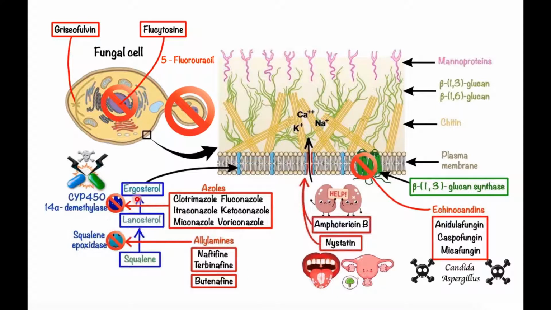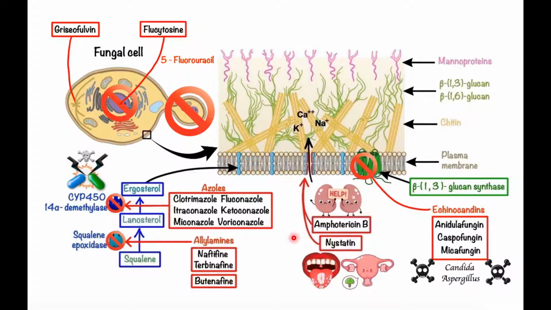And the second step is inhibited by the azole derivatives, including the imidazole and also the triazole derivatives, and that includes fluconazole, and also clotrimazole, ketoconazole, miconazole, and voriconazole.